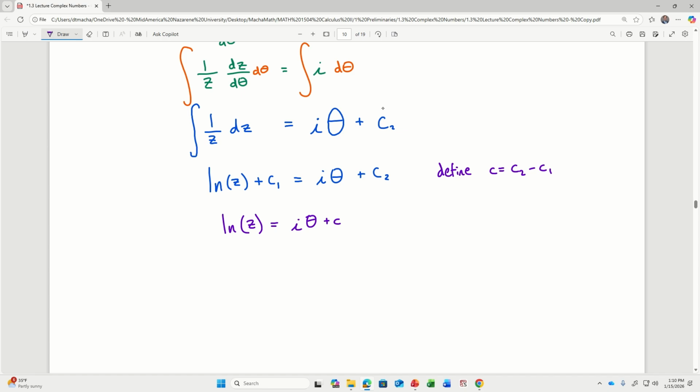Okay, how do I get rid of the natural log? If I want to solve for z, how would I get rid of this natural log? Yeah, I should compose with e. And so I can say e raised to the power natural log of z would be equal to, on the right side, e raised to the power I theta plus c.